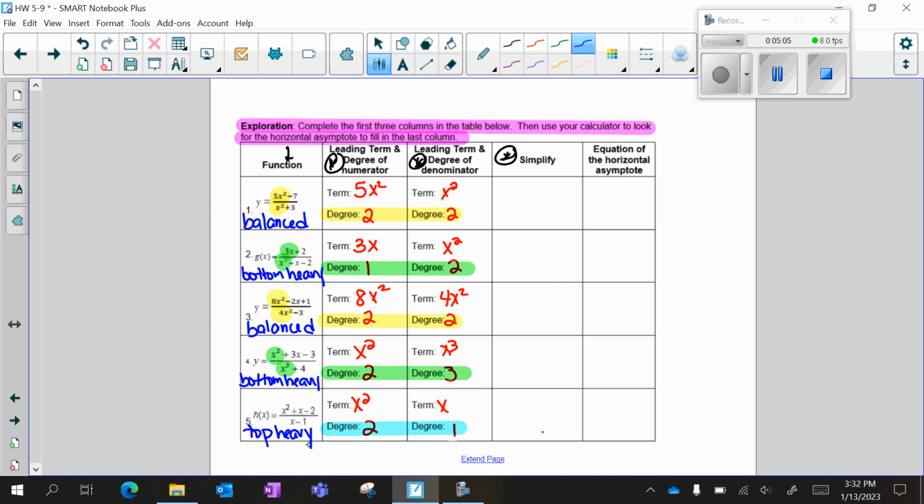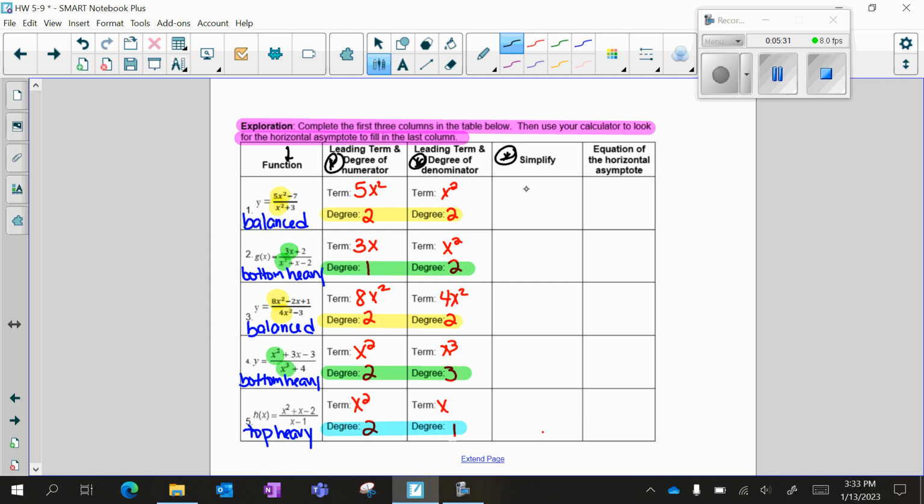And the way to determine your horizontal asymptote will be based on these 3 categories. We'll formalize the notes as soon as we get through the chart. But if your function is balanced, so like in number 1 and number 3, where the degrees are equal, you are going to take the ratio of your leading terms.